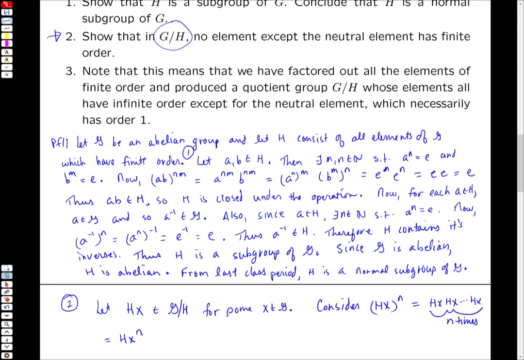Think about it this way. If there exists an n so that this is equal to e, then x is in H by definition of H, correct?